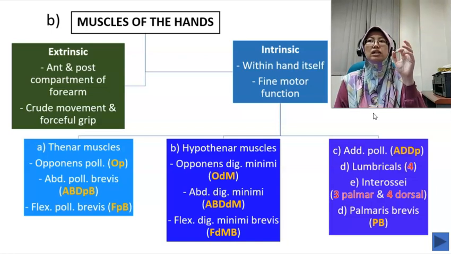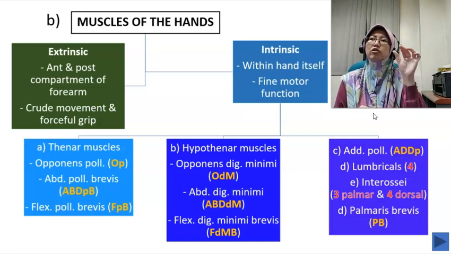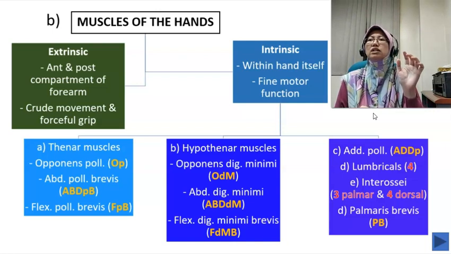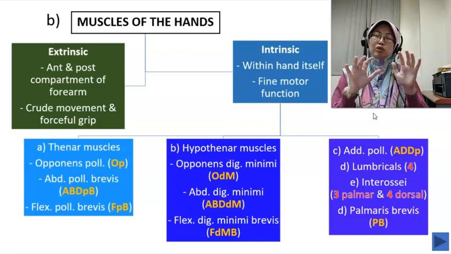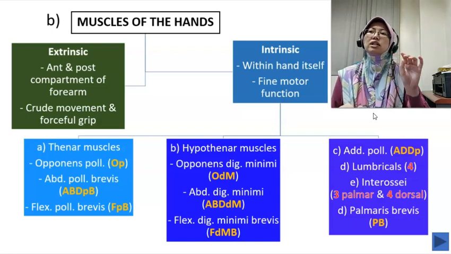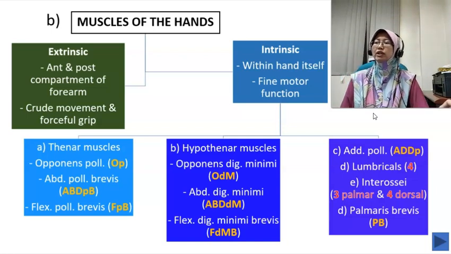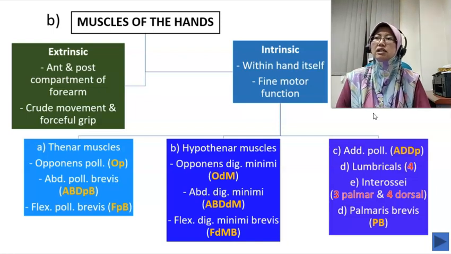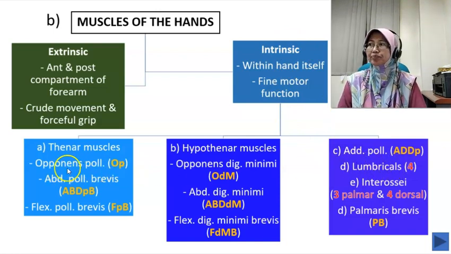So this muscle kita kata responsible for fine motor function. All the meticulous small things semua ni, musician, usually inilah intrinsic muscle yang responsible for that movement. And then intrinsic muscle, we divide into 3 groups here.